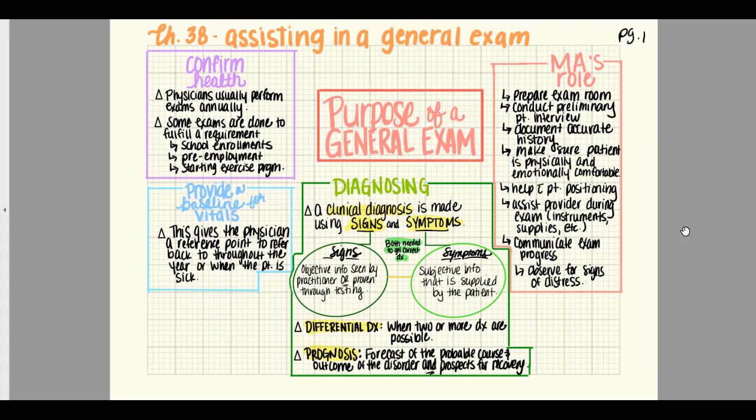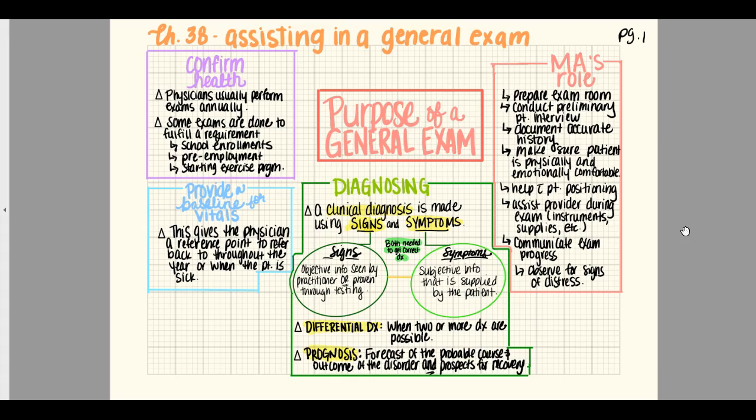So remember a few weeks back when we were talking about SOAP notes? There's the subjective, objective, assessment, and plan portion of the SOAP notes. The signs are the objective part. So they are the things that the practitioner sees or can prove through testing.